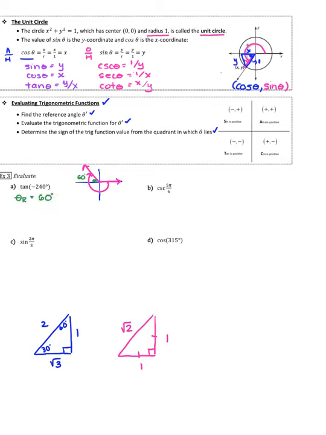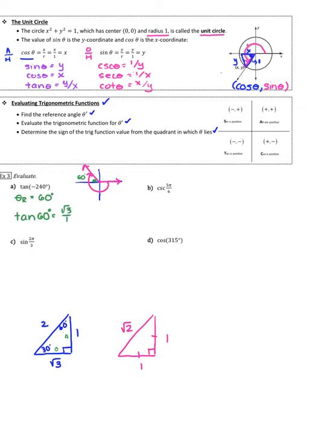Okay, so if I have a 60-degree reference angle, I'm going to look at this special triangle down below. My opposite over my adjacent for a 60 degree, tangent of 60 would be rad 3 over 1.